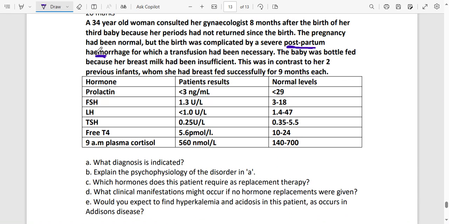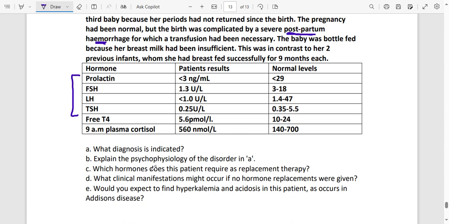The previous children were born fine, everything was okay, but this one caused a lot of bleeding after giving birth. And you can see the reduction in the hormones that are coming from the pituitary gland. So what diagnosis is indicated? Anyone that can help? Thank you so much. What has helped you to identify?